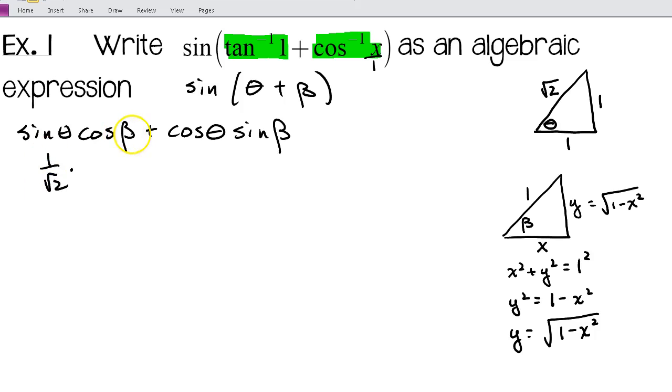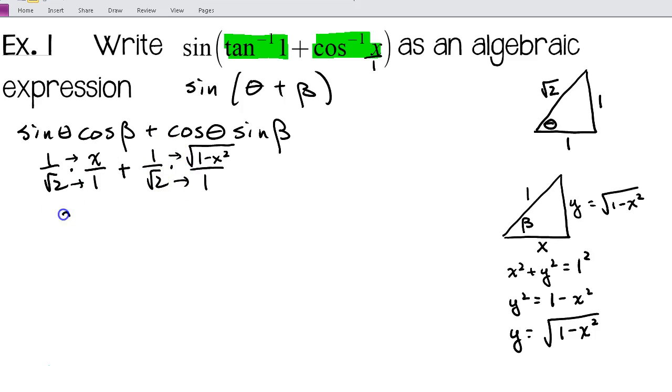The cosine of beta is adjacent over hypotenuse, so x over 1. Plus cosine theta, adjacent over hypotenuse, 1 over root 2. And sine of beta, opposite over hypotenuse, is the square root of 1 minus x squared over 1.